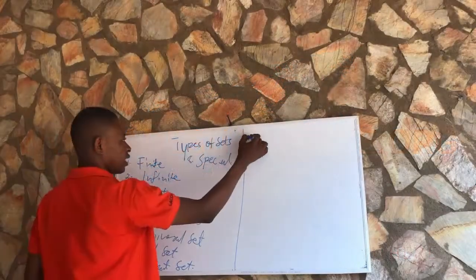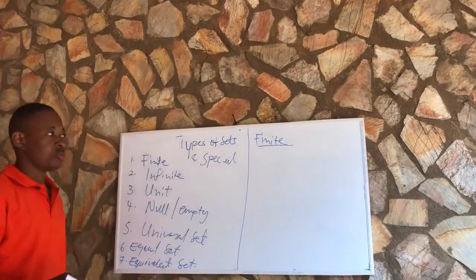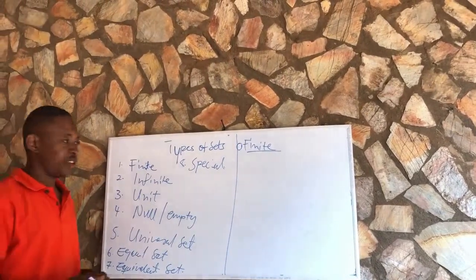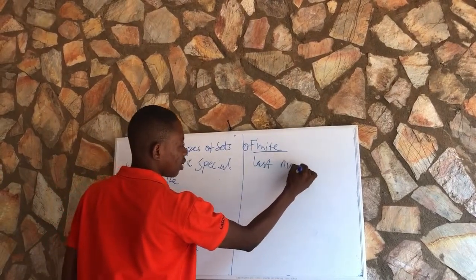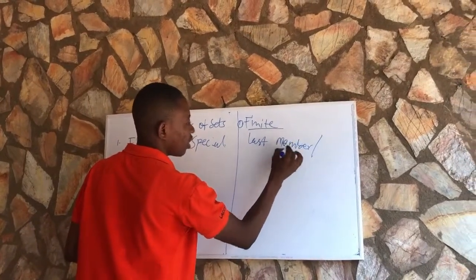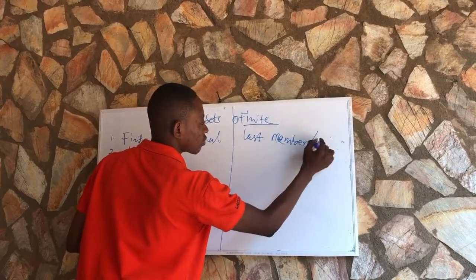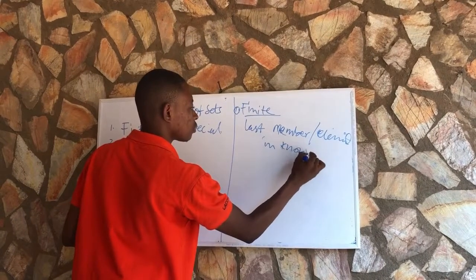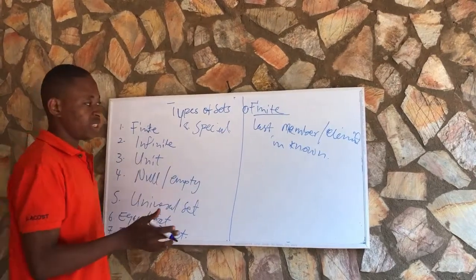When we talk of finite sets, what we mean by a finite set is, a set is said to be finite if the last member or the last element is known.